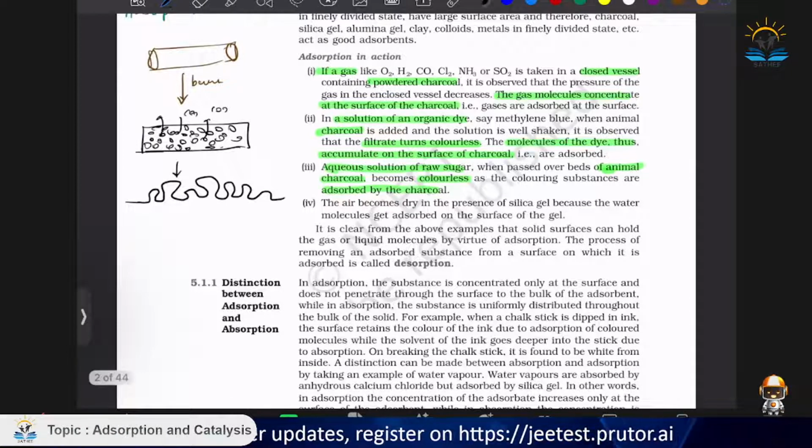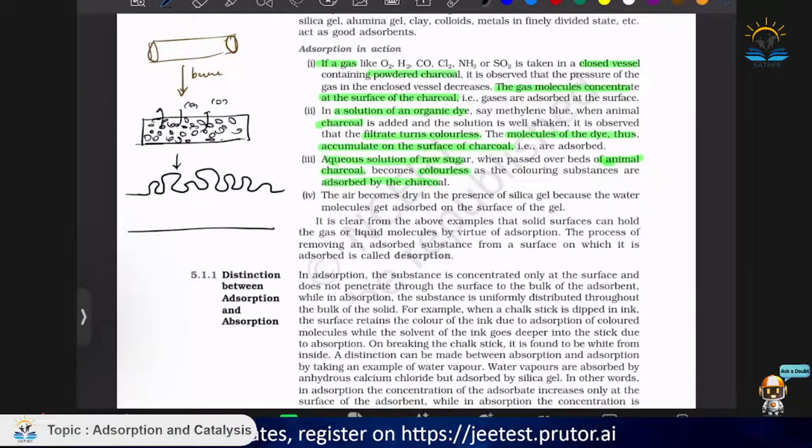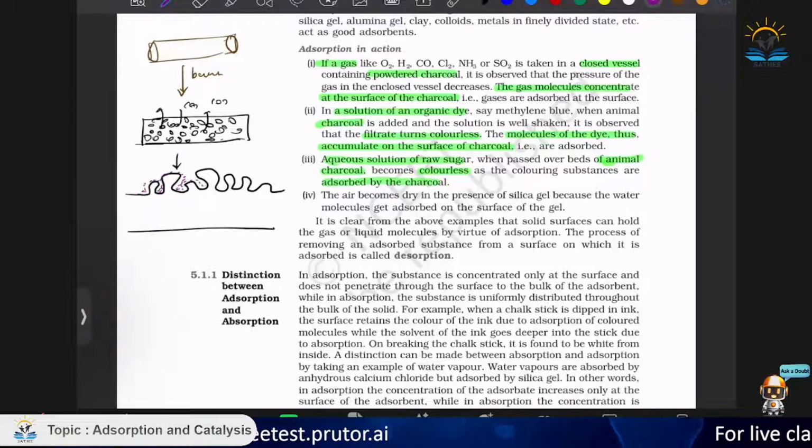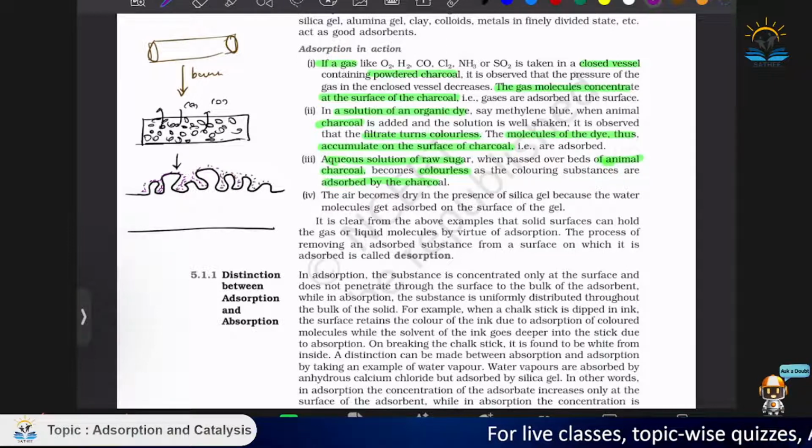If there is a straight surface and a surface like this, of course this surface has more surface area, so it can accommodate a large amount of gas or dye or whatever. That is why charcoal can adsorb so many substances. Got it?